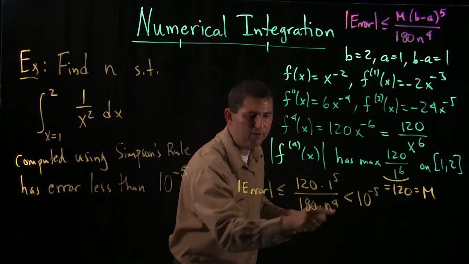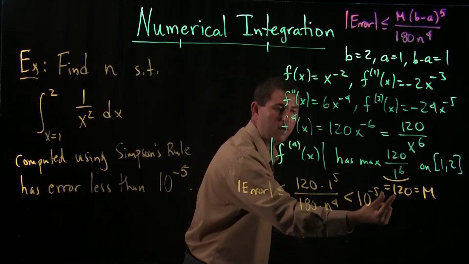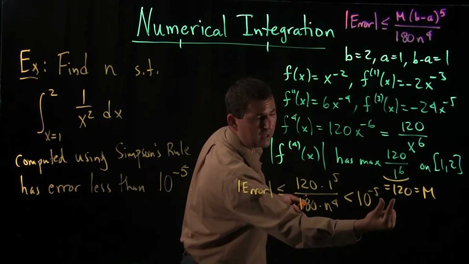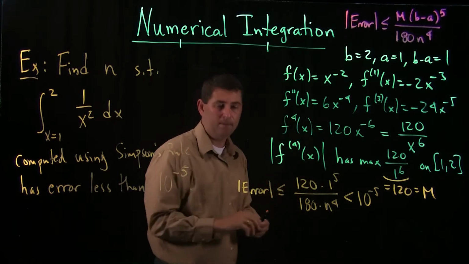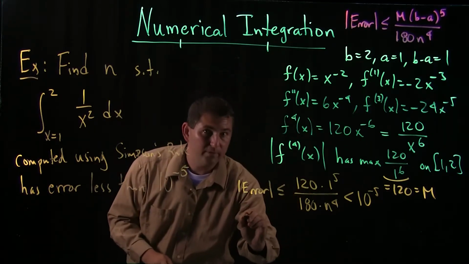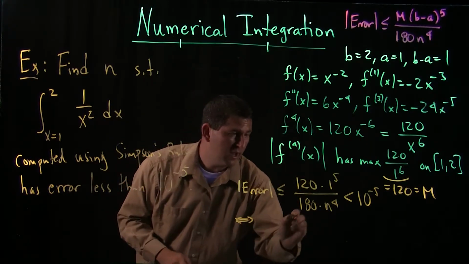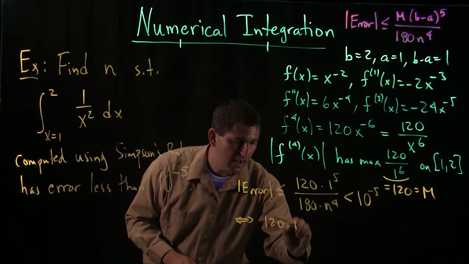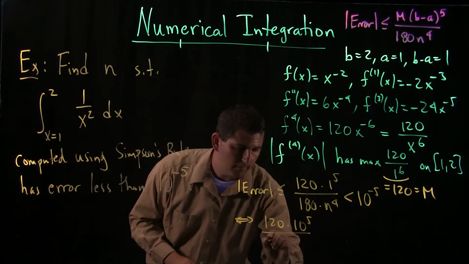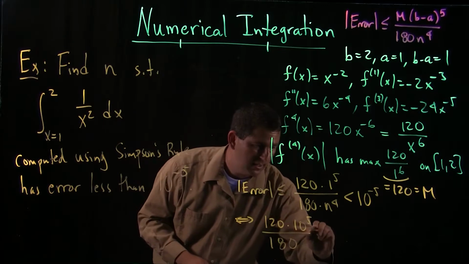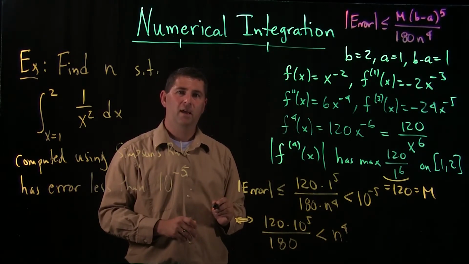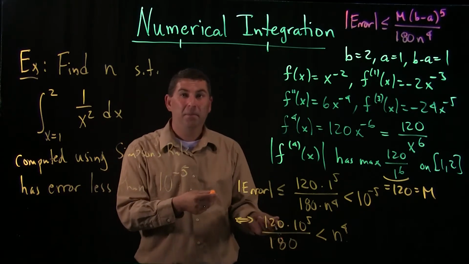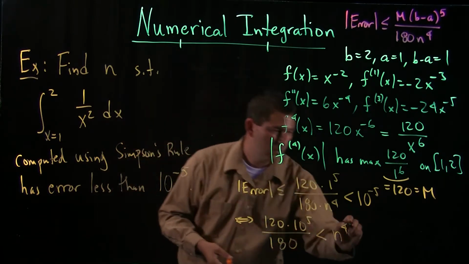I'm going to multiply both sides by n to the 4th to get the n to the 4th over here. I will multiply both sides by 10 to the 5th. That'll put the 10 to the 5th on this side. So this is equivalent to saying 120 times 10 to the 5th over 180 is less than n to the 4th. Well, I don't want n to the 4th, I want n. But okay, I'll take a 4th root.